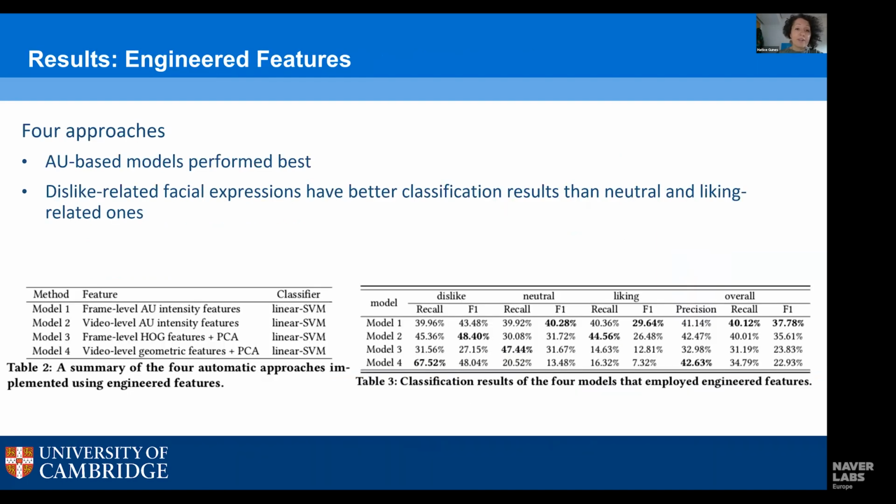And in terms of results, there are many numbers, but I will just summarize. In terms of engineered features, we looked at these different 4 models, and we found that the AU-based model really performed best. And disliking-related facial expressions actually have better classification results compared to neutral or liking.